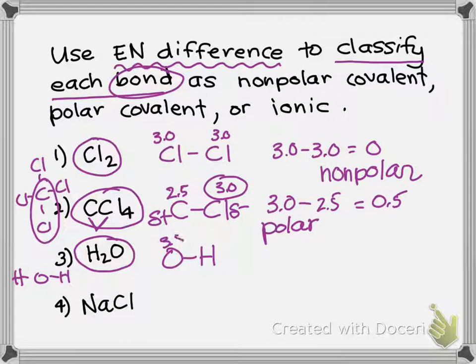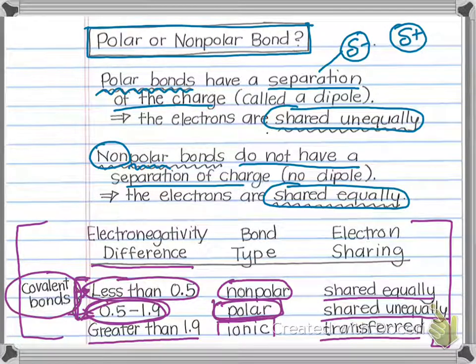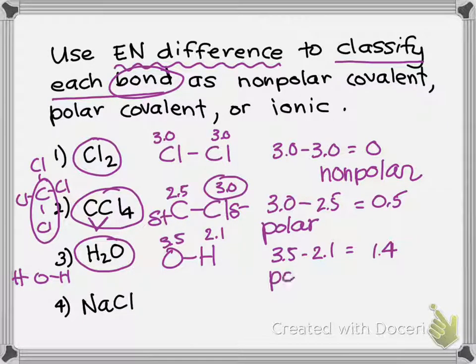So 3.5 minus 2.1 is what, 1.4? And looking back, if I'm between 0.5 and 1.9, I am polar. Now, which part of this would be negative? Well, the higher electronegativity is always the negative one, and the lower is always the positive one.